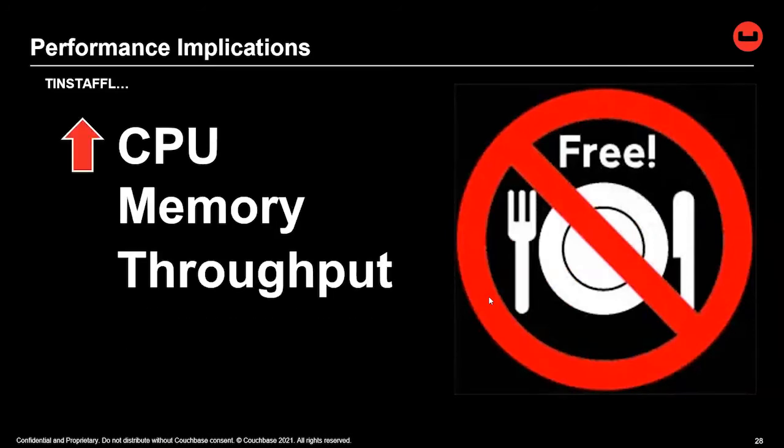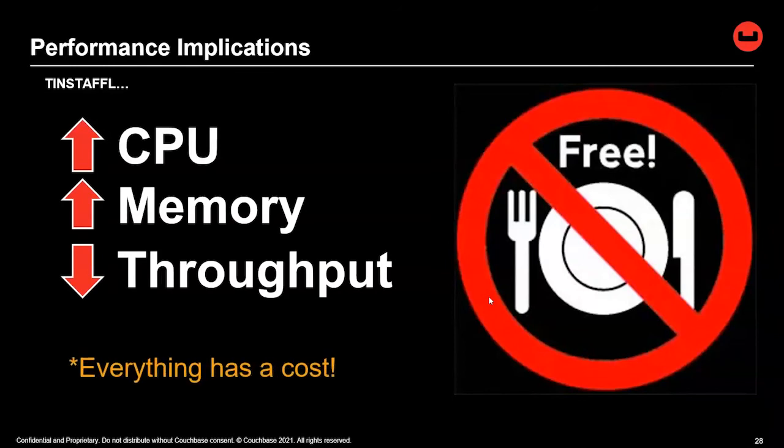CPU is probably going to go up, memory is probably going to go up as well, and throughput is likely to go down, along with latency going up. The two are related. The moral here is that everything has a cost. When you enable tracing, you get a great way of looking into your system and monitoring and giving observability in your system, but at a cost. And the cost is CPU, memory, and throughput.